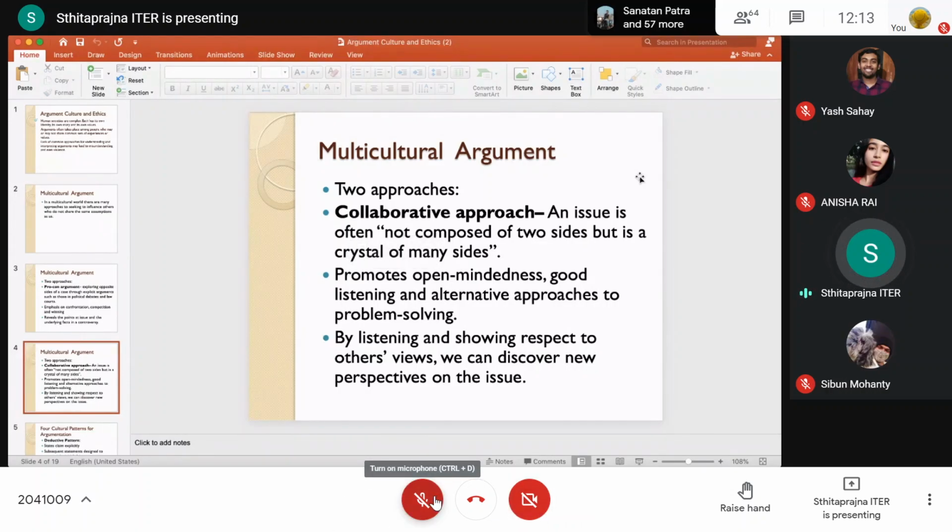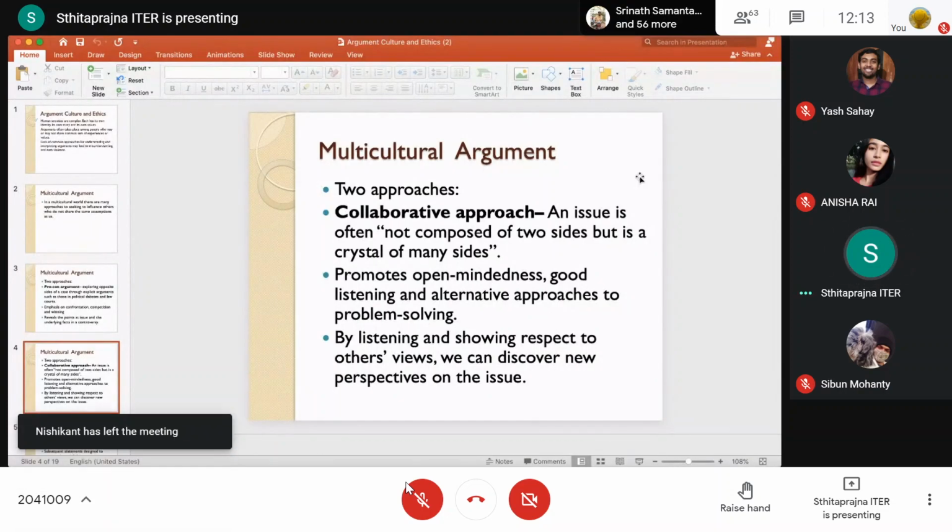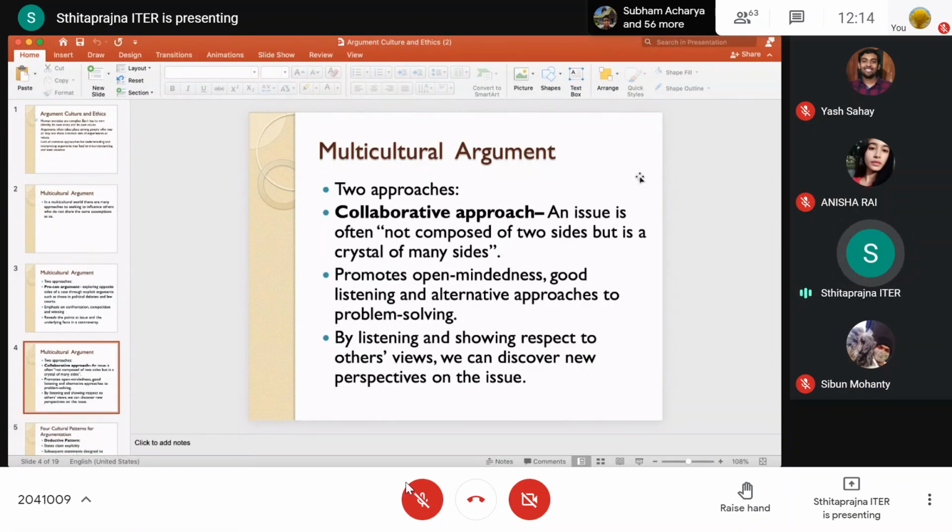So this promotes open-mindedness, good listening, definitely good listening because you're listening to all the approaches, to the many approaches or to the many sides of the story, which could also mean that it differs or it contradicts your beliefs. So this promotes good listening and promotes open-mindedness. And the objective here is to resolve an issue.